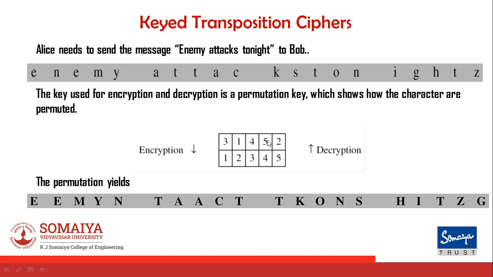This is the way we consider this key, and we can obtain the permutations by using this key. This key is also termed a permutation box. We'll see later that permutation boxes are required in modern symmetric ciphers.